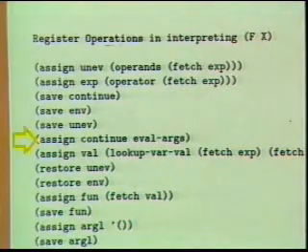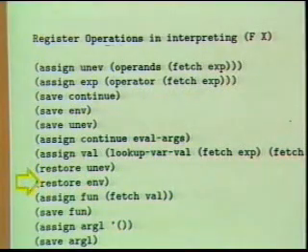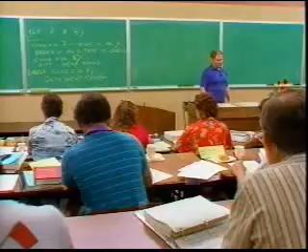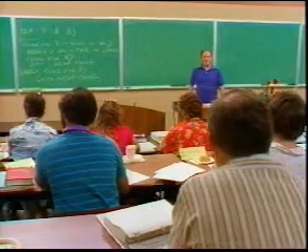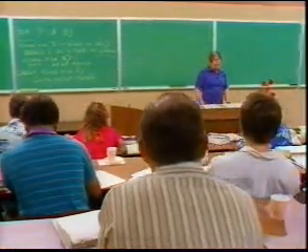But of course, that's irrelevant to the compiler because the analysis phase will have already done that. So this is completely irrelevant. A lot of these assignments to continue have nothing to do with where the running machine is supposed to continue and keeping track of its state. They have to do with where the evaluator analysis should continue, and those are completely irrelevant, so we can get rid of them.